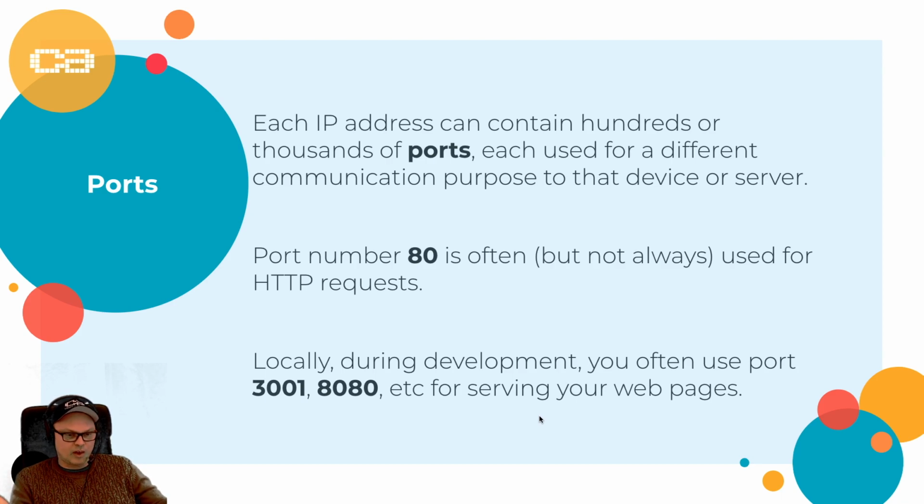Locally, when you develop, you will start your web servers on your machines, and they will be assigned to a specific port, like 3000, 3001, sometimes 4321 or something. They might be different ports, but you always need to communicate with your web server through a port.